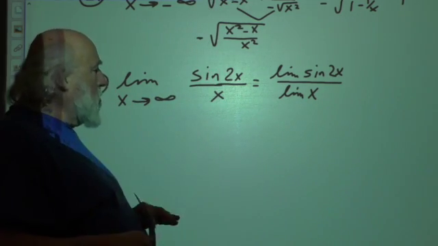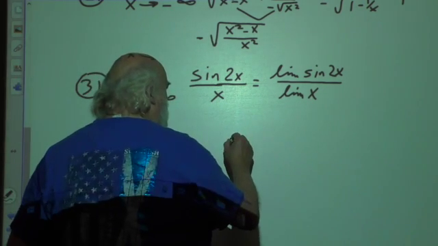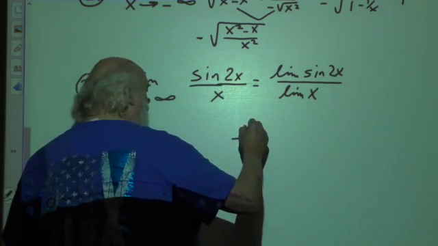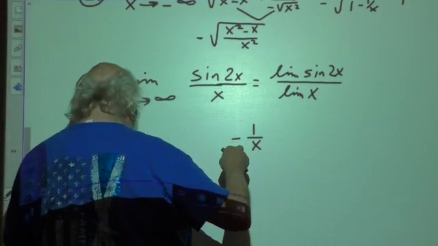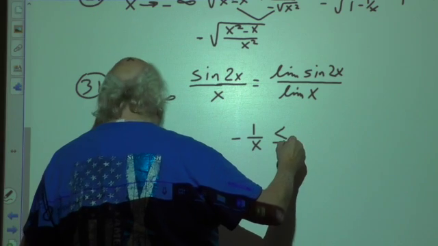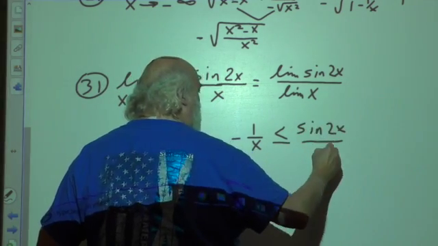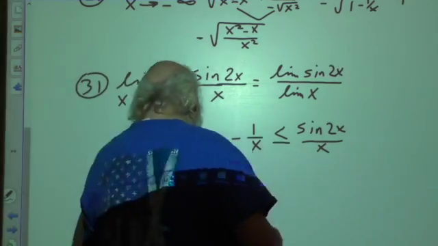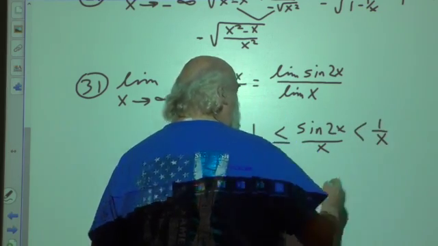Okay, so since we're looking at the limit of this whole thing, I'm going to put down negative 1 over x, and that's going to be less than or equal to the sine of 2x over x here, because it's going to be somewhere in between these. It's going to be less than or equal to 1 over x.